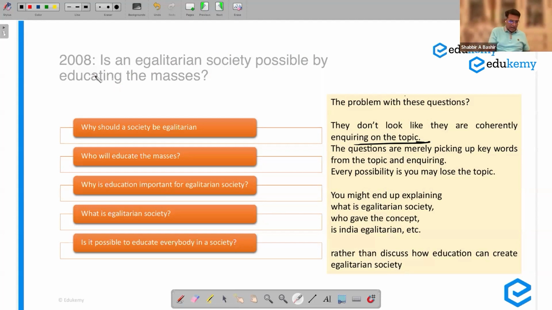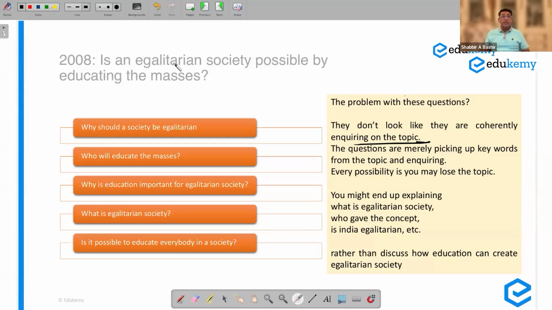It's about telling us how education can give us an egalitarian society. Egalitarian essentially means a society which is fair, which is just, where there's equality, where there is no discrimination, where there's no exploitation. Everybody gets fair wages, everybody has fair access to resources. How does education help that?